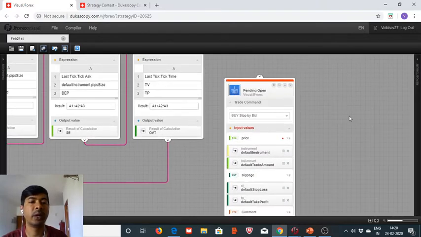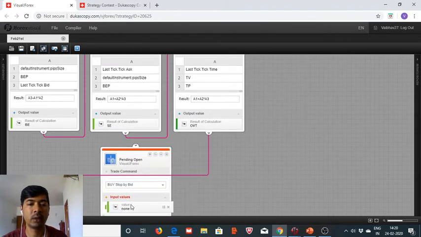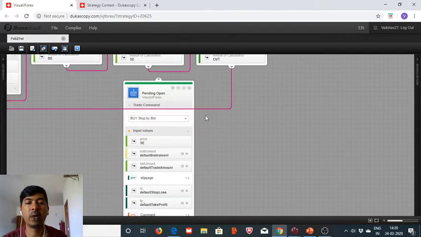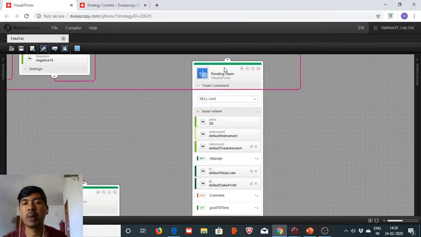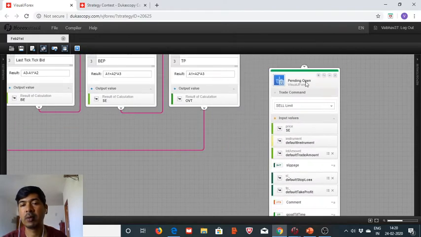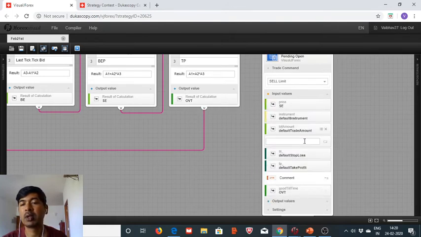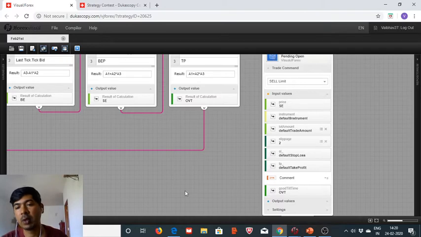We bring in the pending open, we add the SE, and we make it a sell limit as the order will be above the current price. And similarly for buy, we are making buy limit as our order will be below the current price, and then we bring in this order validity time, which is 1 hour, and we put in here. We define the slippage to be of 2 pips.